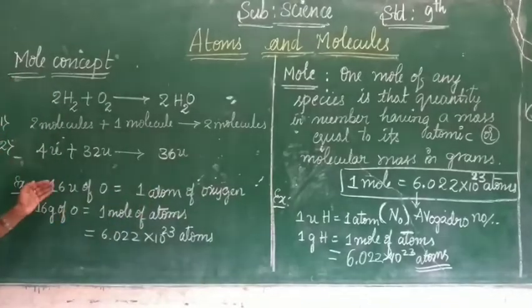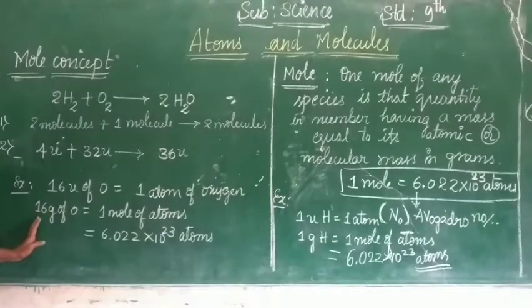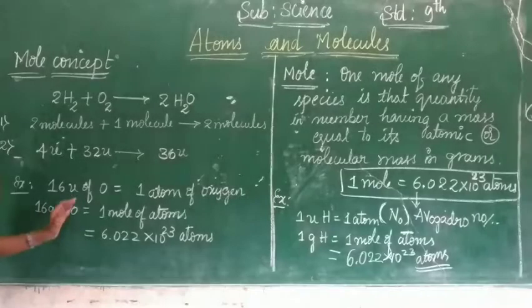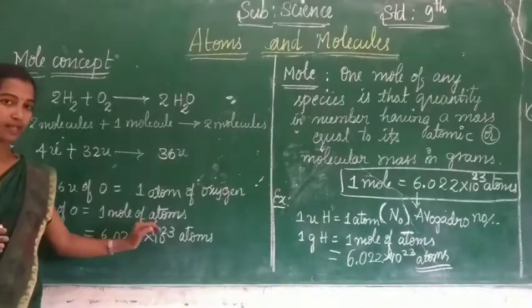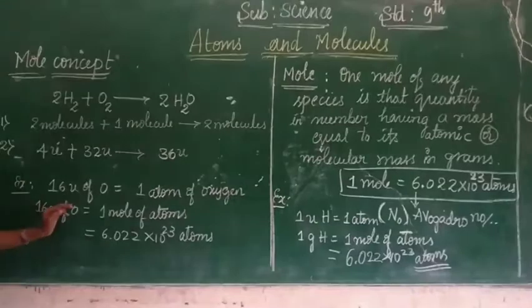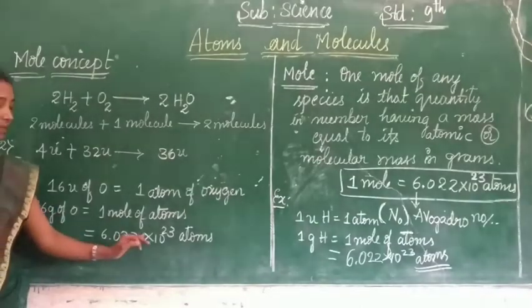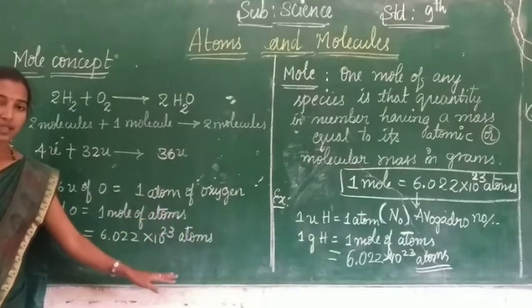When introduced into the mole concept, 16 grams of oxygen is referred to as 1 mole of atoms of oxygen, and this 16 grams of oxygen contains 6.022 into 10 to the power of 23 atoms of oxygen.